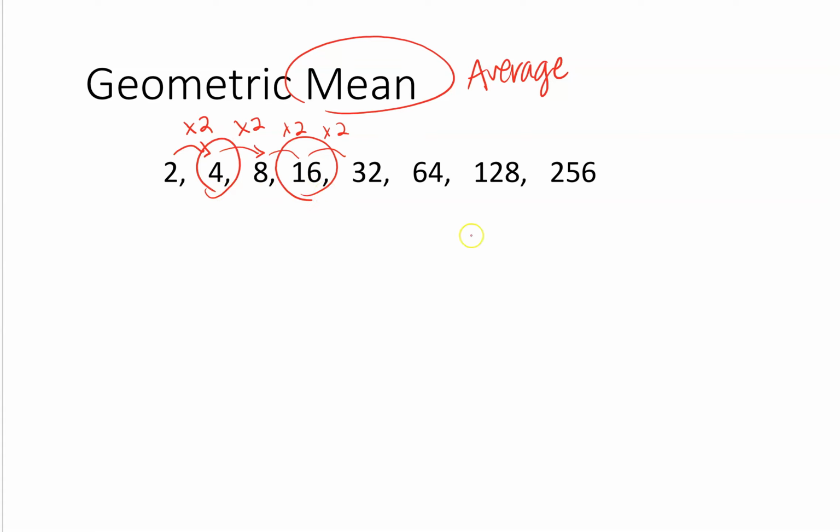The way I get that is I multiply the numbers. 4 times 16. That is 64. And then take that number's square root. So the square root of 64 is 8. And you can see that is the number that is the average between 4 and 16 in regards to being a geometric mean.